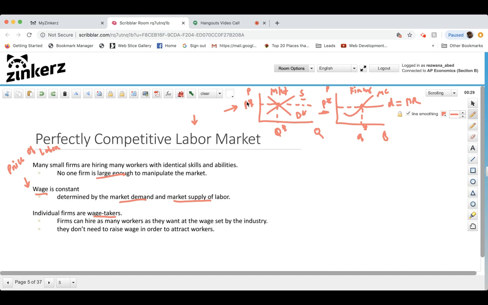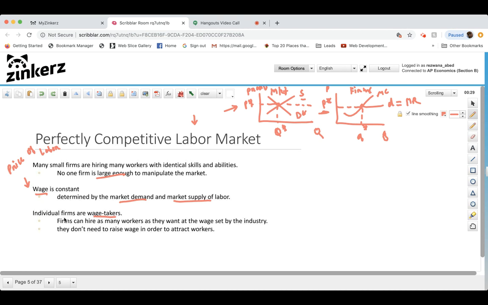So what we mean by this is that just like we saw with the perfectly competitive product market, this same idea applies. So this is the product market. Okay, so I'll just rewrite this. Like this is the product market. This is, as we know, supply and demand, price and quantity.